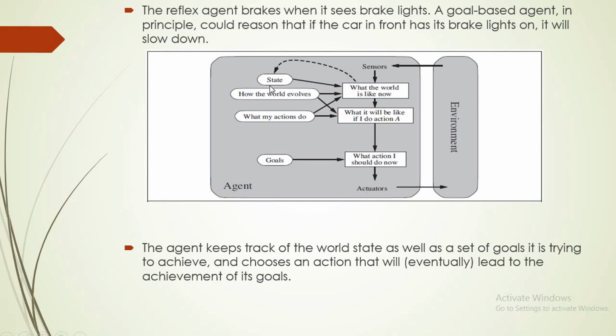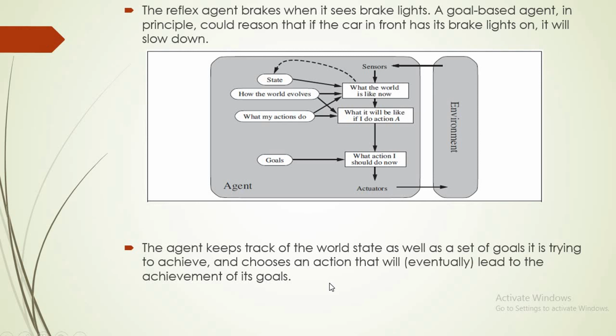Like the model, it has state, how the world evolves, what my actions do. So it will involve this in a function which will keep updating the internal state. So the agent keeps track of the world state as well as the set of goals it is trying to achieve, and chooses an action that will eventually lead to the achievement of its goals.